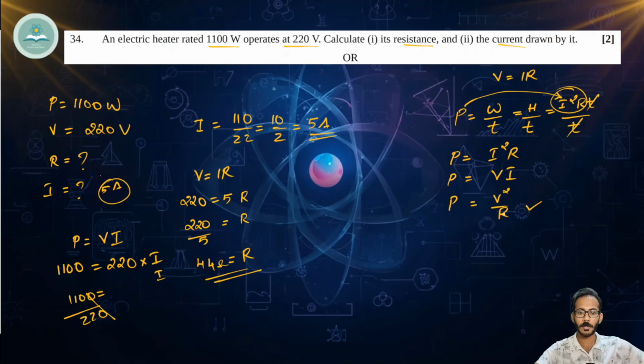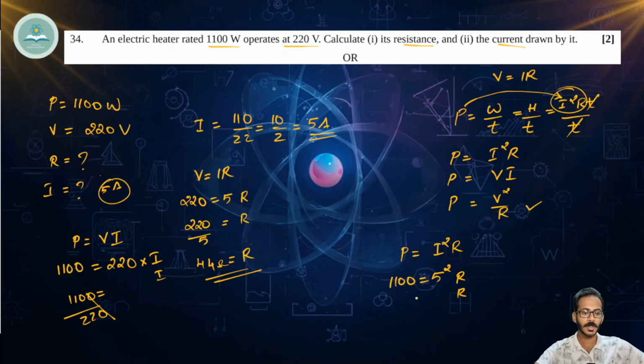If needed, we can try with other methods also. So to find out R, if needed, we can use any of these equations. P is equal to I square R. Let me see that. So power is 1100 is equal to I square. The current is 5, so 5 square, that is 25, into resistance.